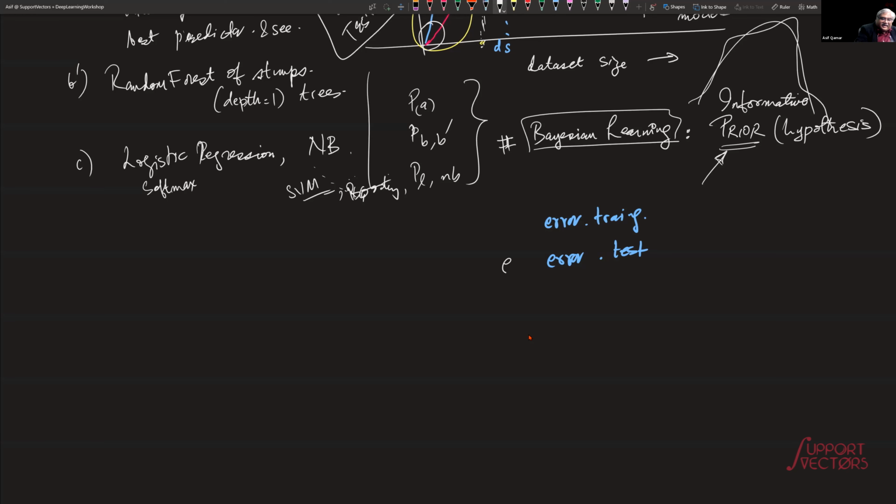Suppose the error in test and the error in training; if E test exceeds the E training by quite a margin, that's how you would know that you really screwed up by not doing regularization. Are we together? This is a clear sign.